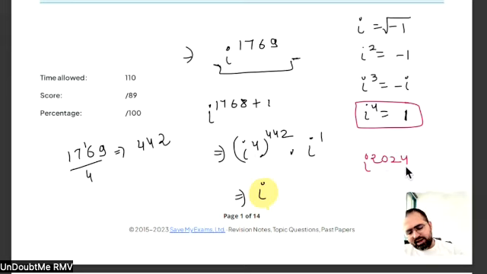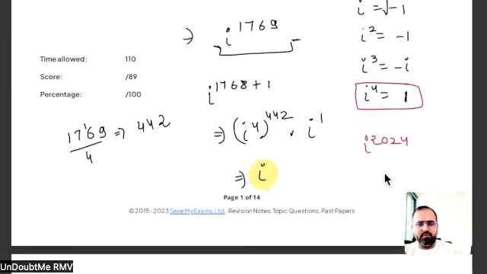Let's say if I take 2024, okay? 2023 I'll take. 2024 is easy to handle. Just try to write 2023, the value of i to the power 2023.